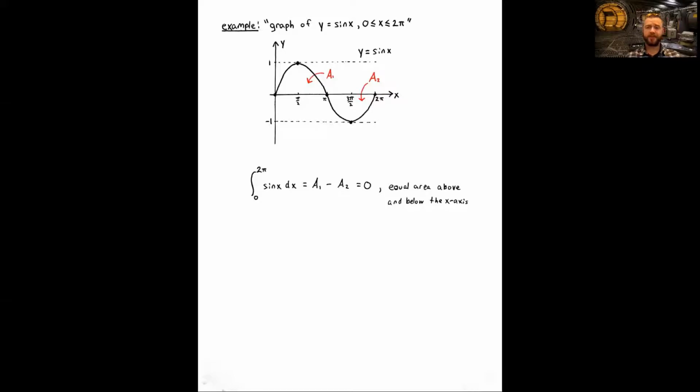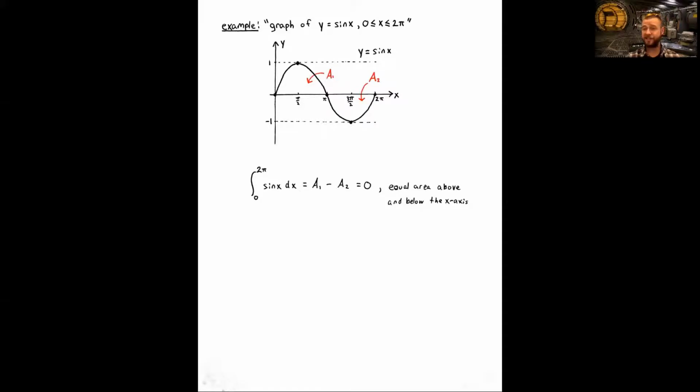The alternate approach is to interpret the definite integral as net signed area. And while we currently can't answer what is the area individually of A1 and A2, it's pretty easy to see from a rough sketch like I have here that the sizes of A1 and A2 are equal. Now, since there are regions above and below, the net signed area interpretation says we should subtract A1, and then from that subtract A2, the area below.